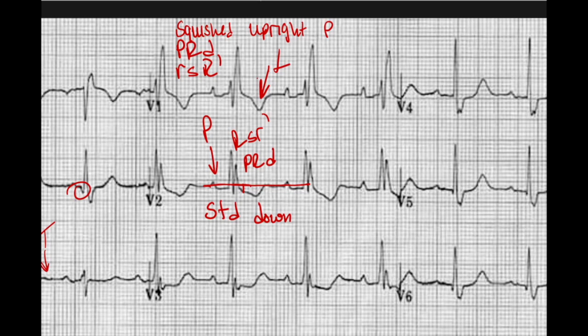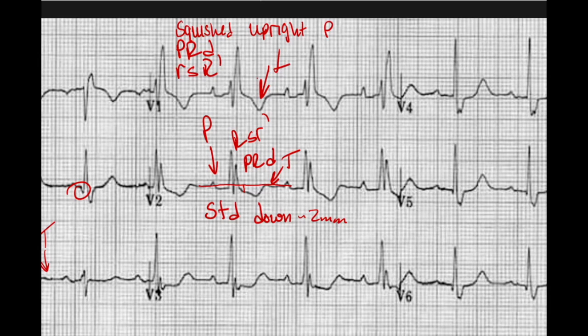So that means we're concerned with the amount. If we go to our baseline, and here's our J point, it seems to be just about 2 millimeters. But our T wave is upright as we would want it to be.